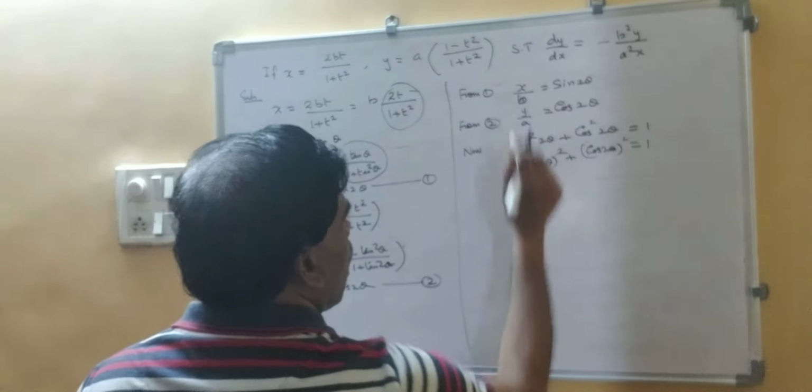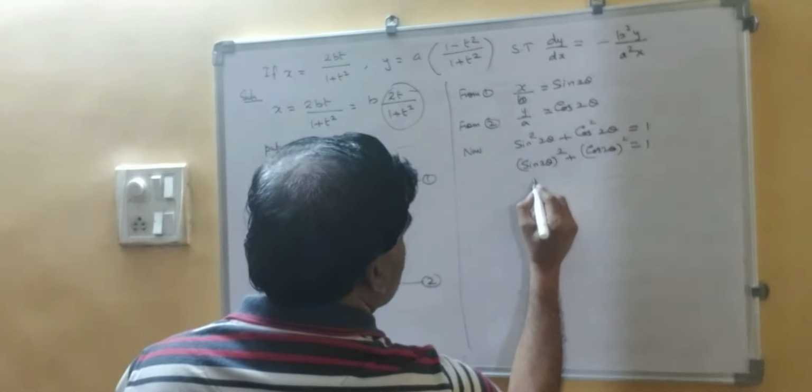What is sin 2 theta? x by b the whole square, plus y by a the whole square equal to 1. Okay.